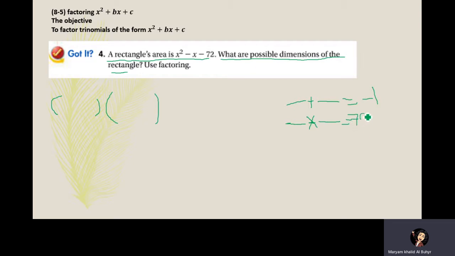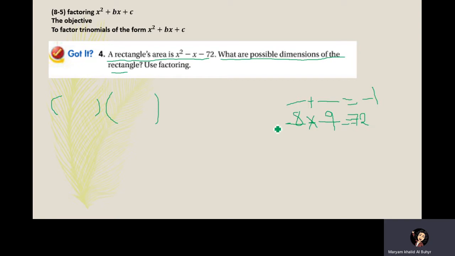What are these two numbers that will help you get that? I will go to multiplication first, because from the multiplication table you memorize that 8 times 9 gives 72, so it is negative 72.